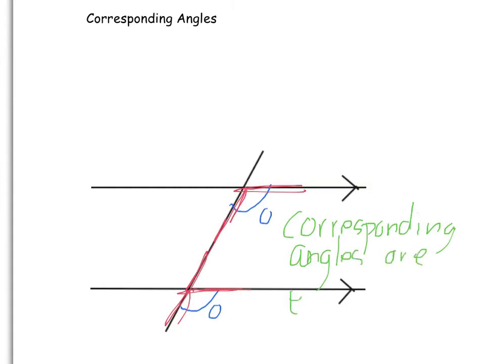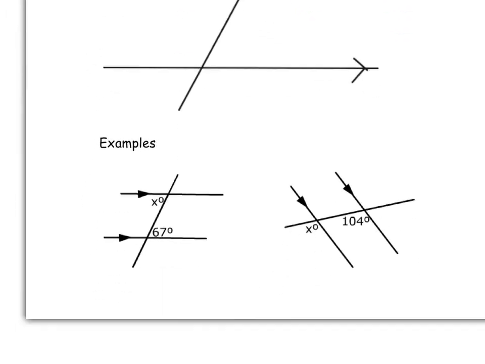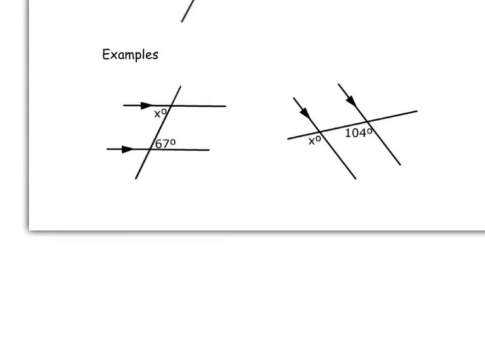Now we're going to try and use those two facts we've just learned and apply them to a question and try and give the reasons why something is the case. So if we highlight on here our angle that we've got and draw a line up and go to the angle that we're looking for, you'll see that we've formed a Z. And from before, we should know that this Z is what's called an alternate angle, and these two angles are going to be the same.